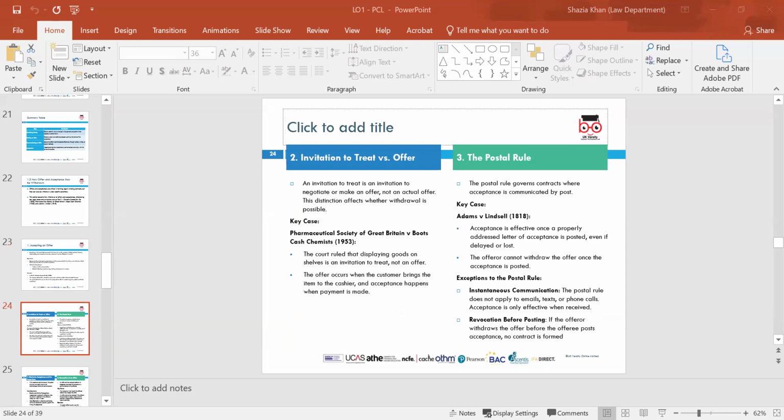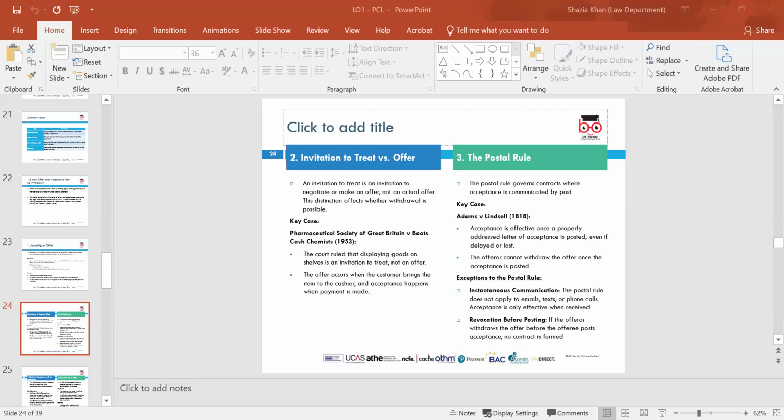So the next one is invitation to treat. So we look at invitation to treat and offer. What is the difference between each element of that? So an invitation to treat is a legal concept in contract law that refers to an indication that a party is willing to negotiate the terms of an agreement.